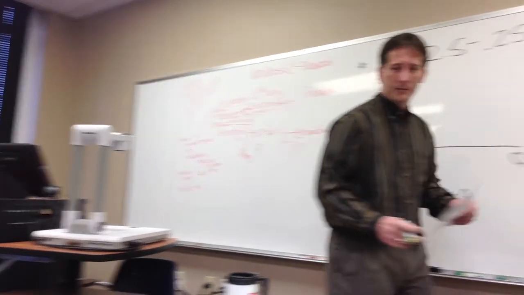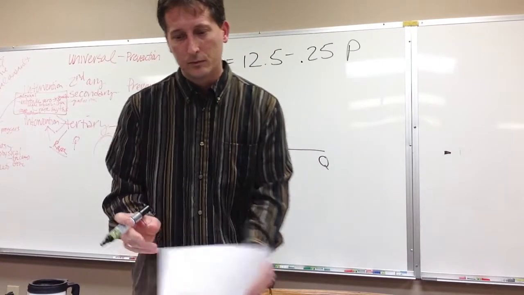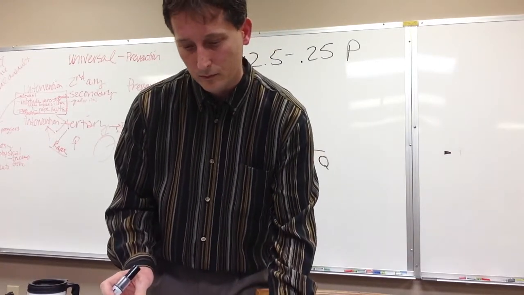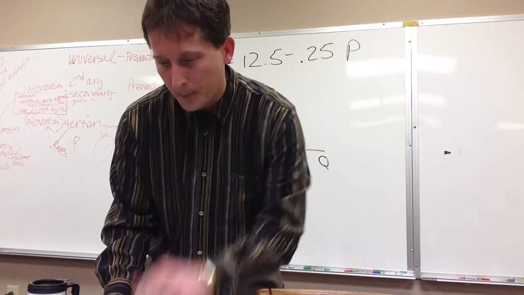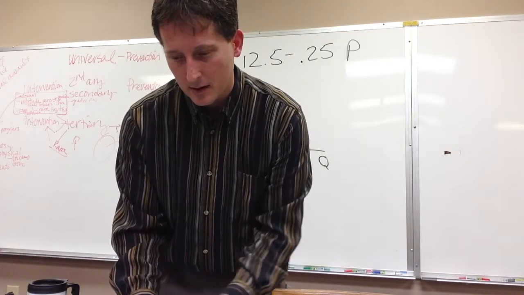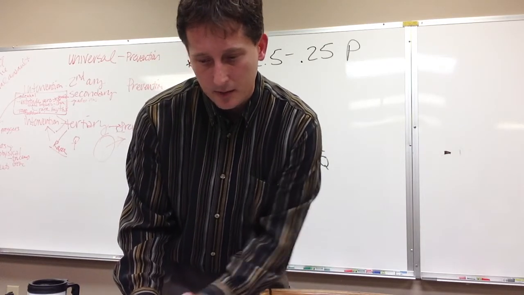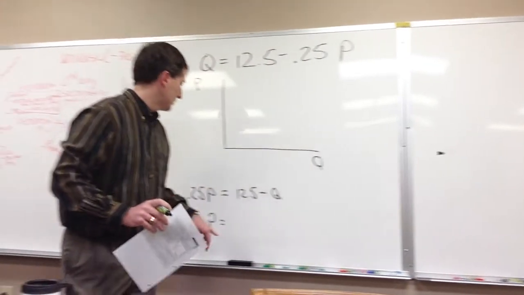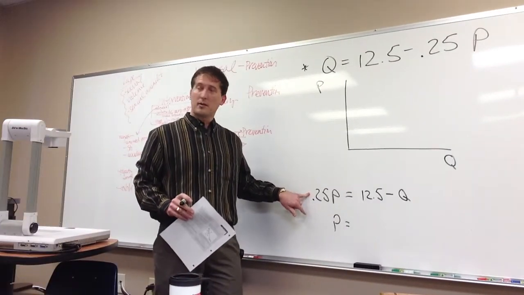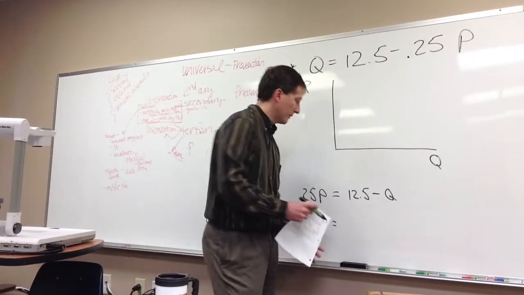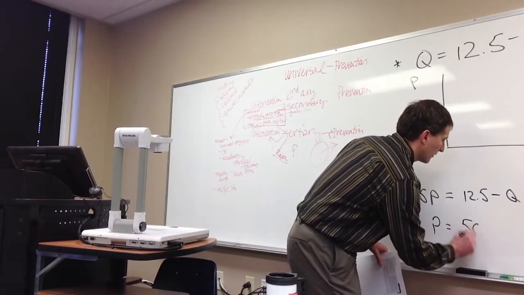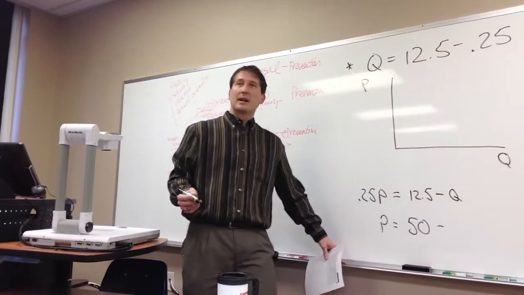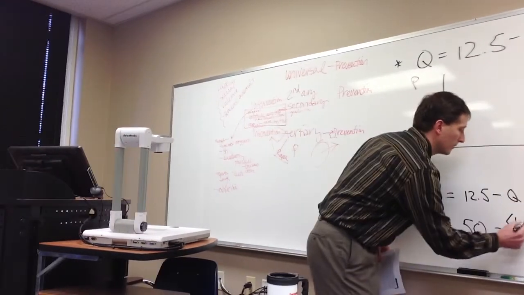So what do we get? What's the new intercept? 50. All right, 1/4, flip it over, 4 times 12.5 is 50 minus 4Q.